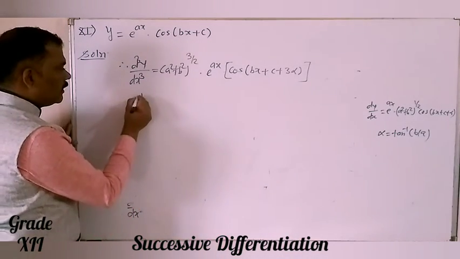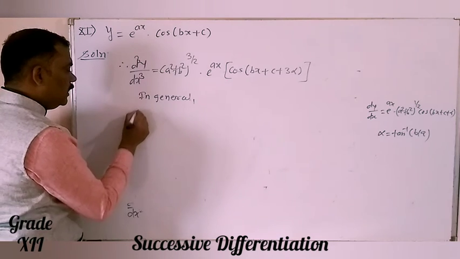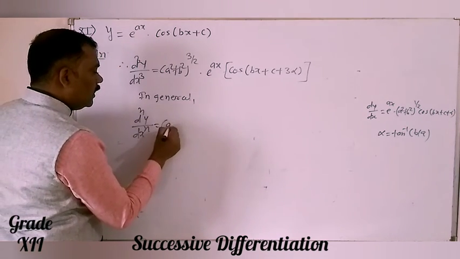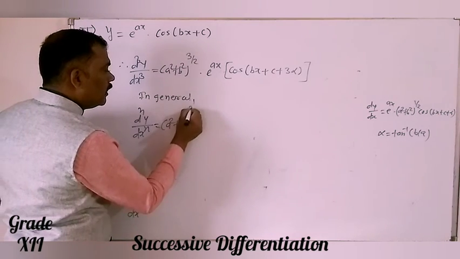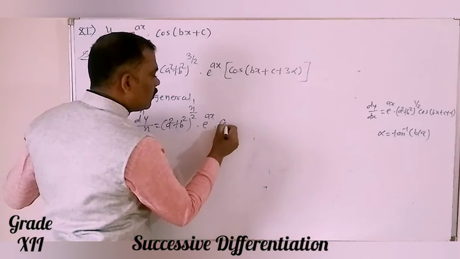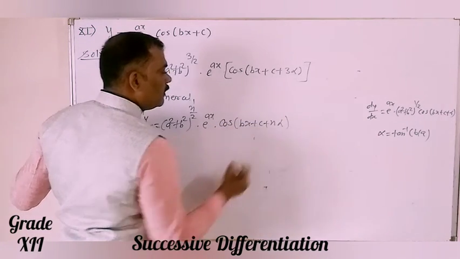In general, we can write dny by dx raised to n is equal to a square plus b square raised to n by 2 into e raised to ax into cos of bx plus c plus n alpha.